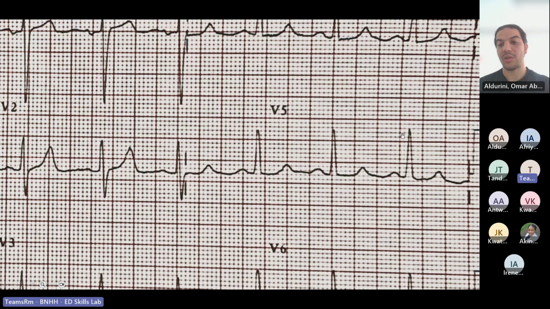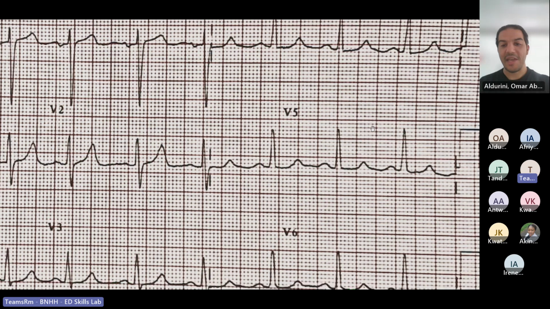So this will give us a total of 17 small squares: 15, so 5 by 3, and then 2. If you divide 1500 by 17, we'll have a heart rate of 80s.